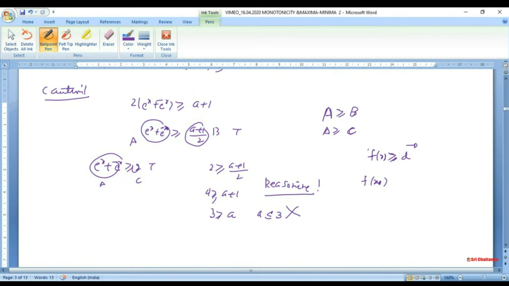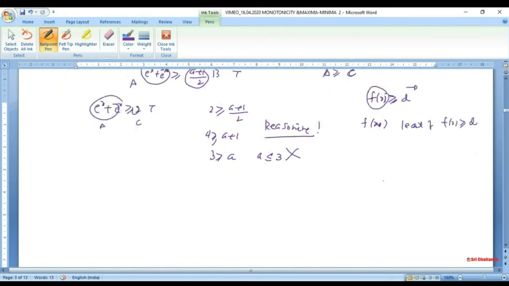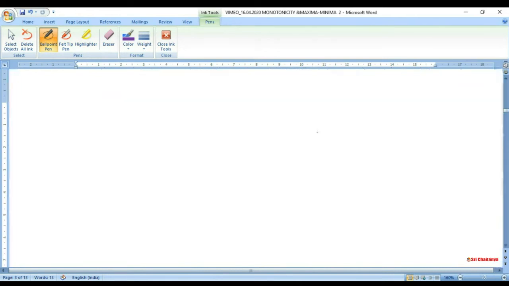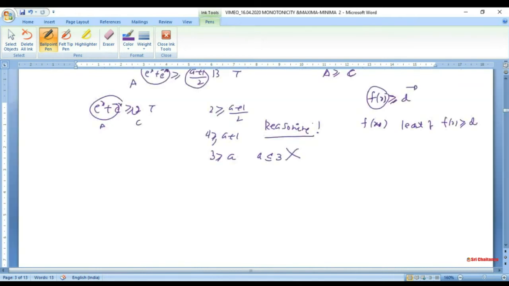You want f of x to exceed d for all x, so it must also exceed d at its least value, and then the others will automatically exceed. So that could be good reasoning, the least value of f of x being greater than or equal to d, and we could have completed the solution by this. So please beware, it is very crucial to have the correct concept, and it is better not to get the answer at all than to get it by wrong reasoning.